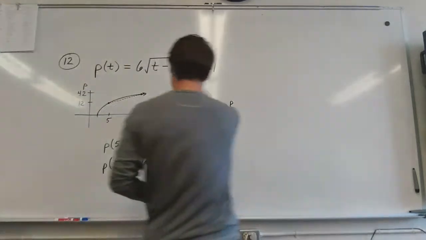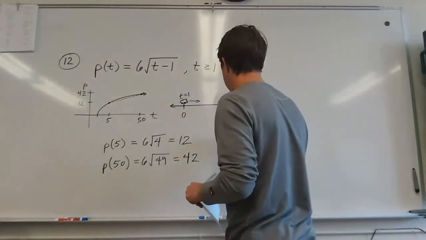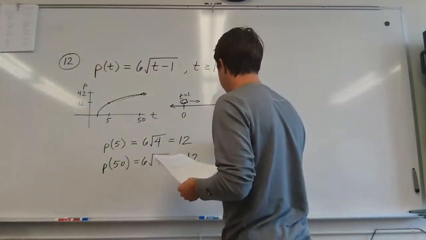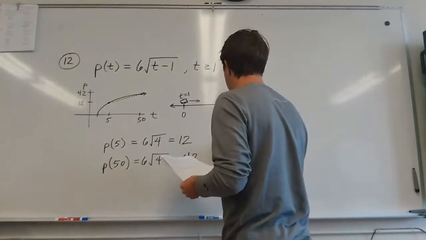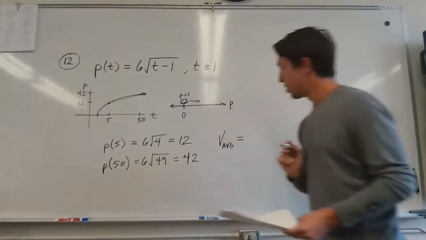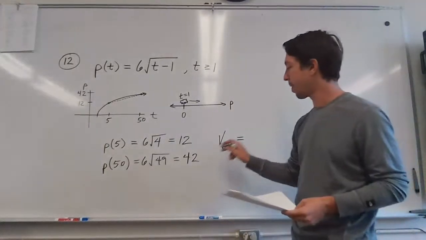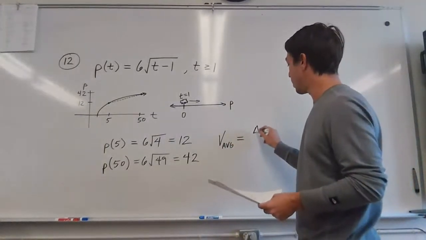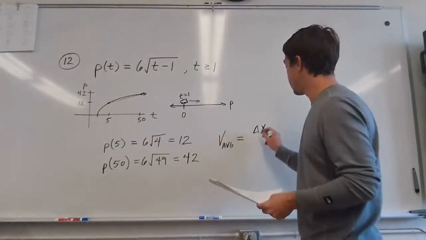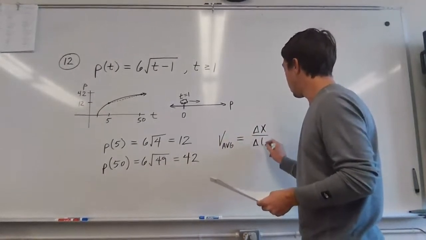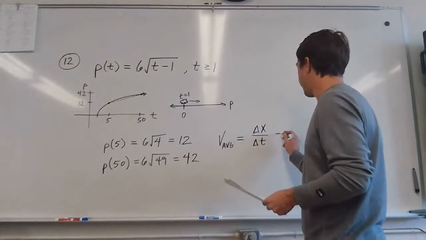So what I can do with those numbers is get the average velocity. How do I calculate the average velocity? Change in x over change in t. Exactly. So the change in the position over the change in time.